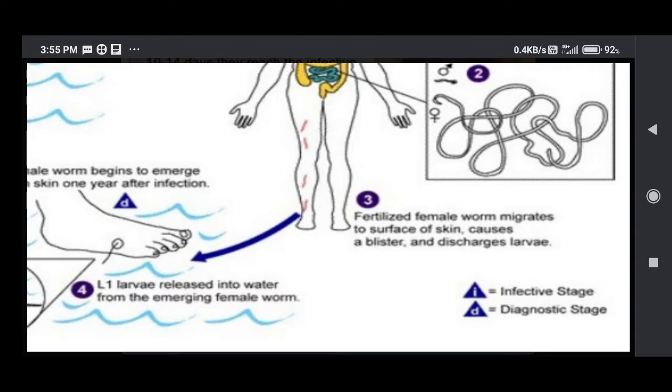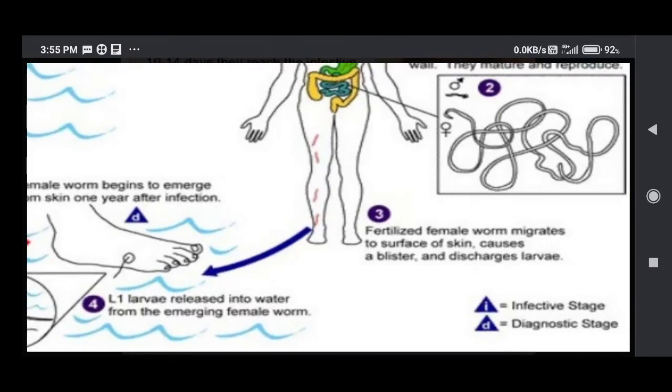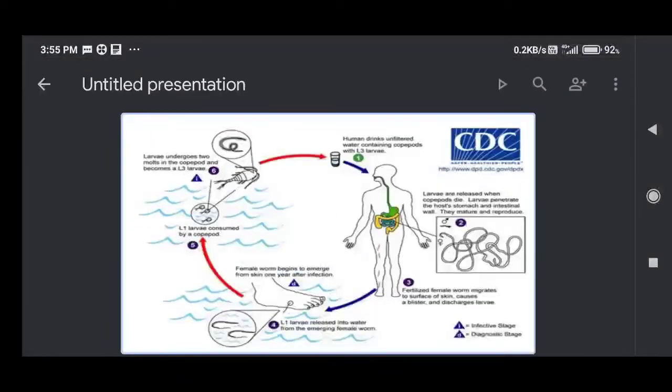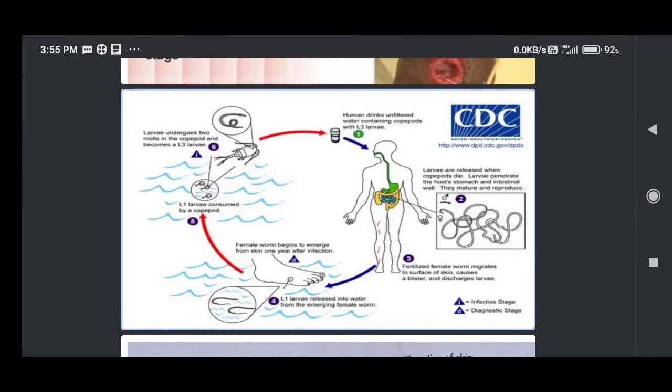So this is about the life cycle of Dracunculus medinensis, especially the parasite which lives in the subcutaneous tissue of the skin in human beings. The mature parasites migrate throughout the body at a particular time. Especially the itching and hypersensitivity activities take place in the skin.